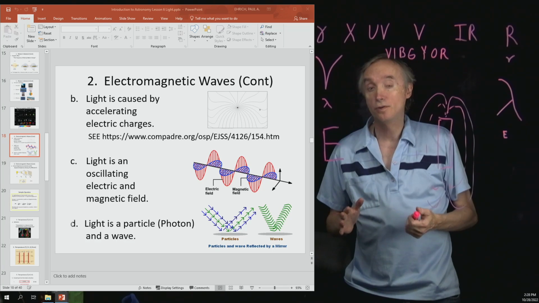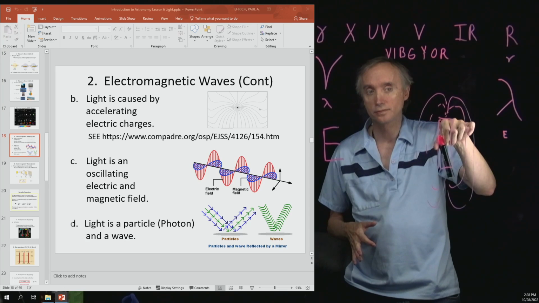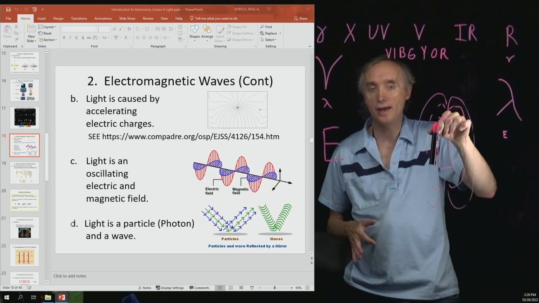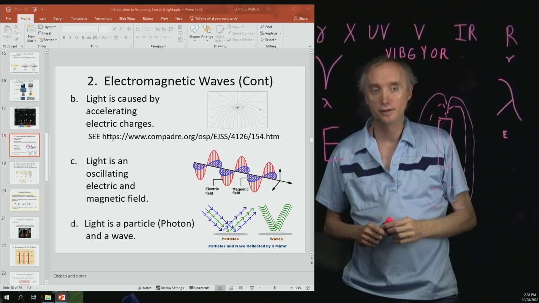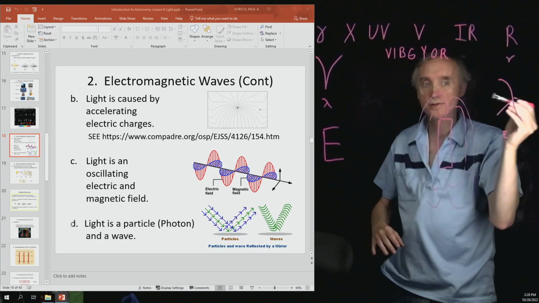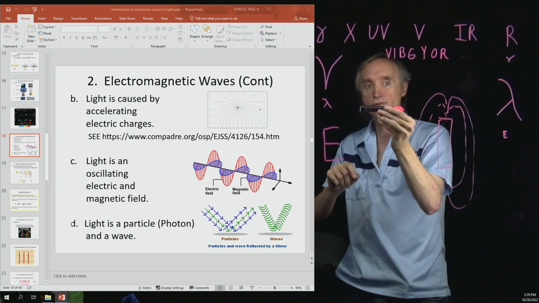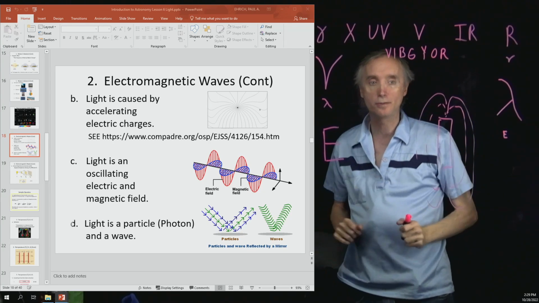So light is both a wave and a particle. So what do you think this thing is? Yeah, it's both a particle and a wave. So if I was to take this thing and throw it, you would say, well, every atom of this thing is moving in the same direction, so it must be a particle.